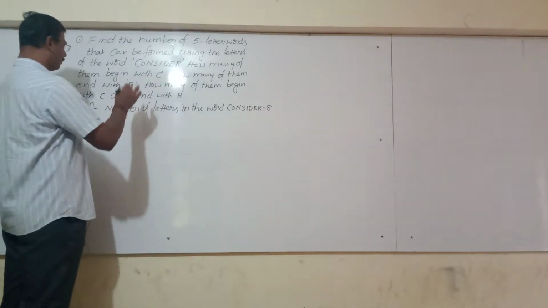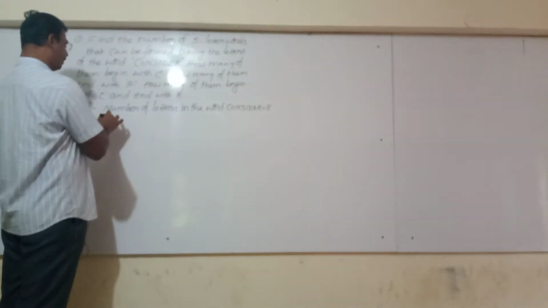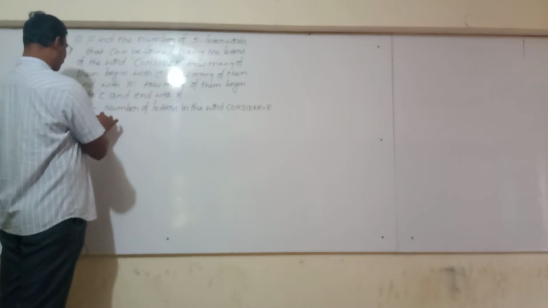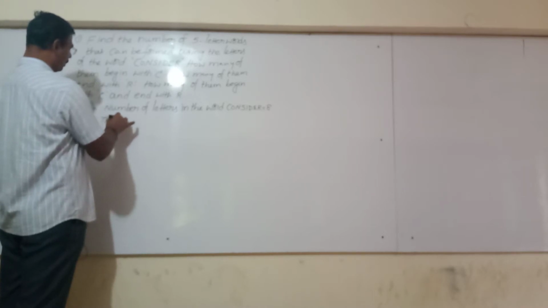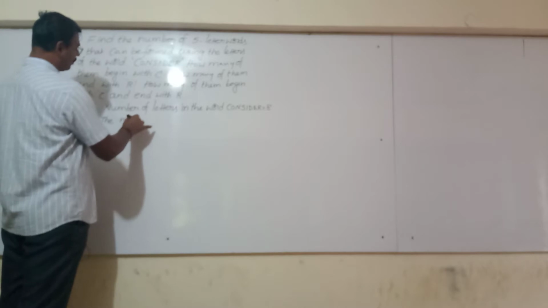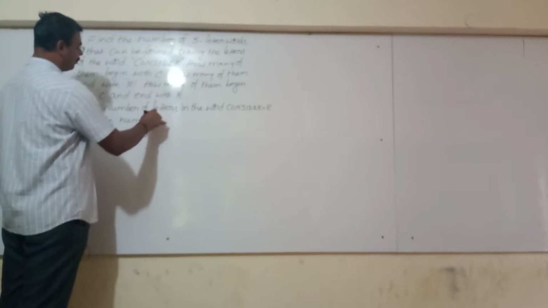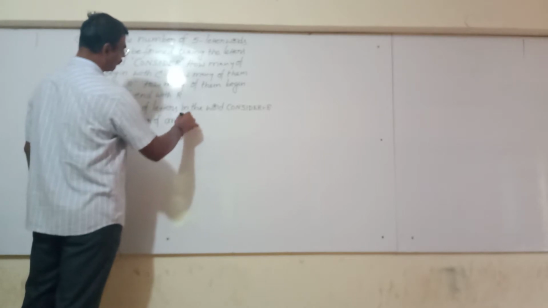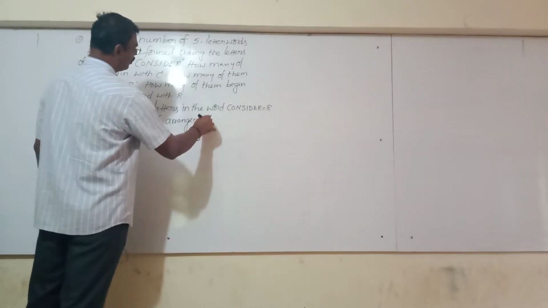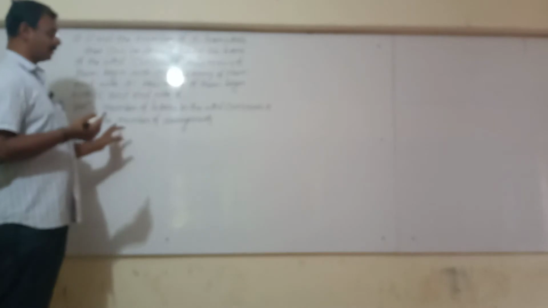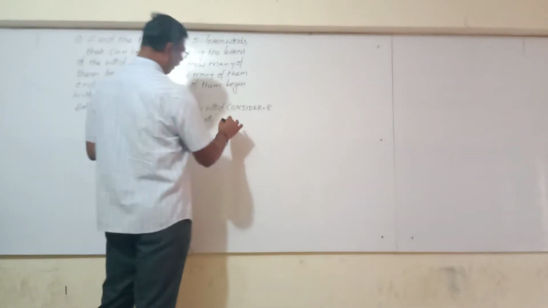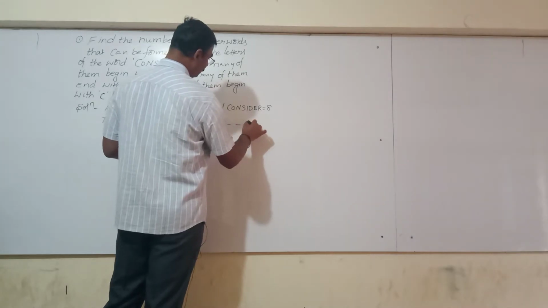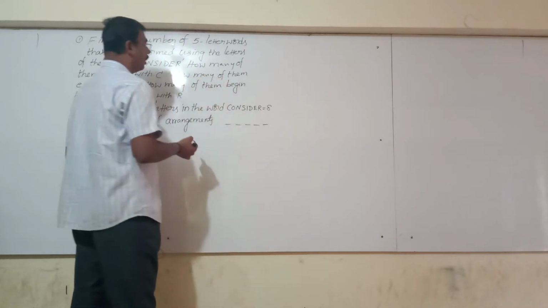So directly I will follow the formula. The number of arrangements: 5-letter words only. If you want a diagram, this is the blank diagram, 1, 2, 3, 4, 5.